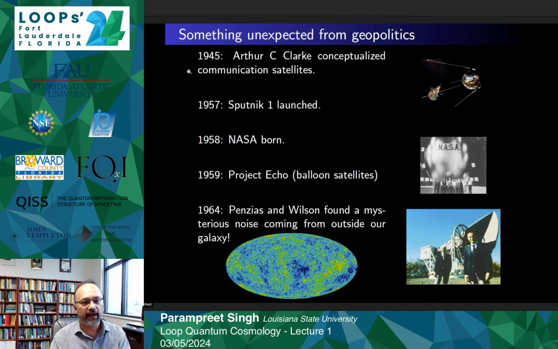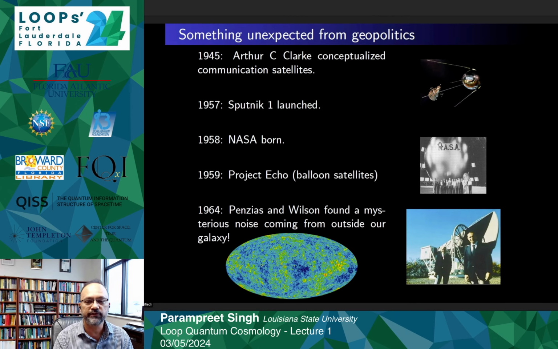Based on that idea, both the Soviet Union and the Americans were working on how to have better systems for communication, and the Soviets launched Sputnik 1 in 1957. In reaction to that, in 1958, the Americans started working deeply on space projects, and NASA was born.